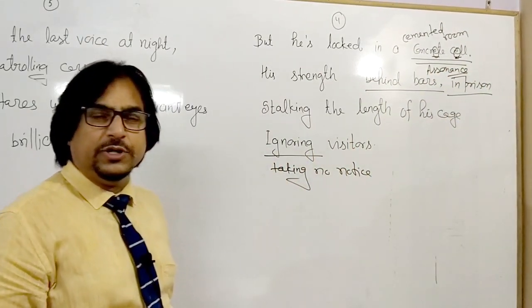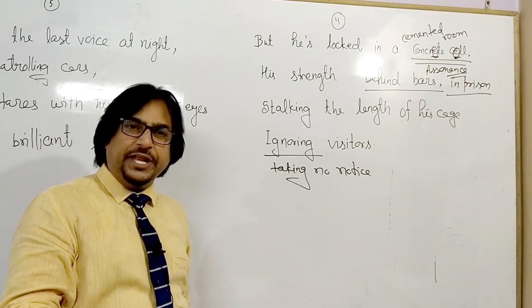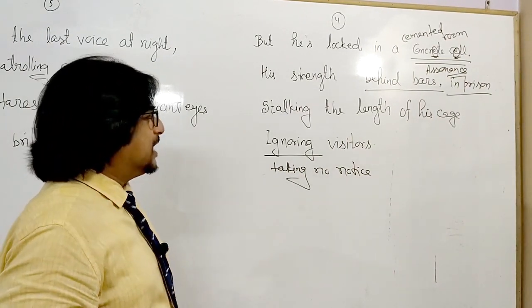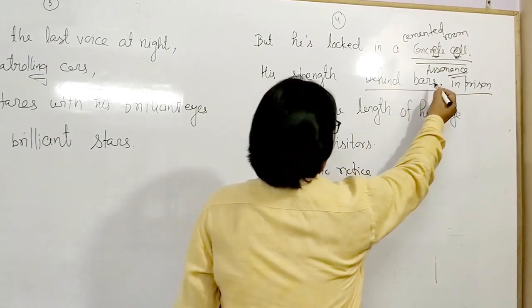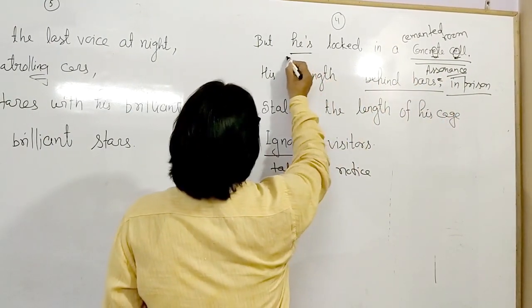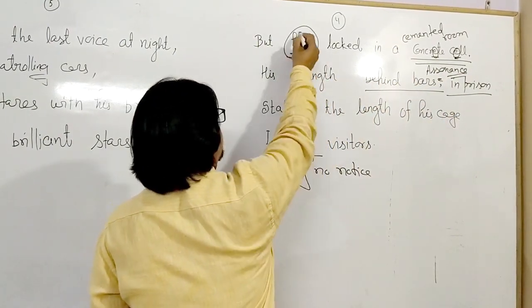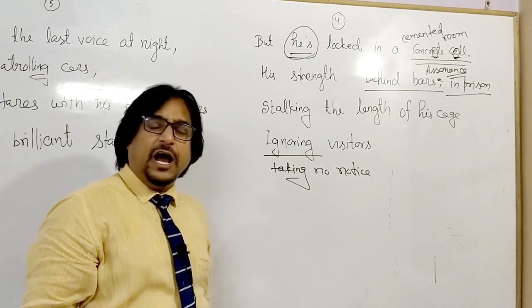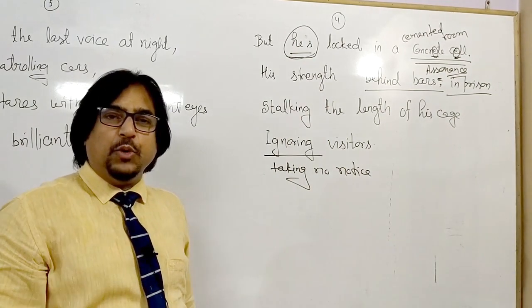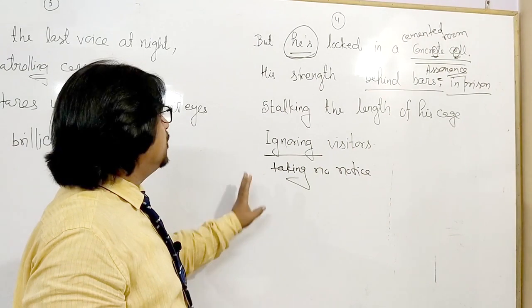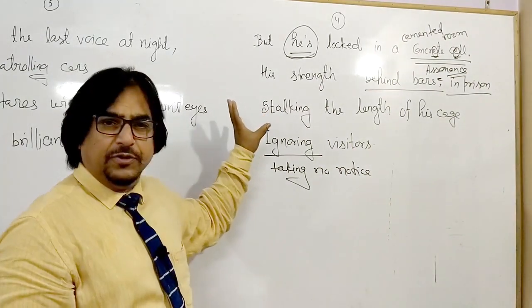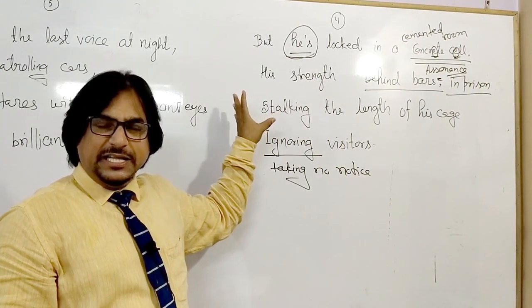Earlier I told you, when the vowel sound is prominent, assonance is here. It is already clear that personification is here. Again, the imagery poetic device has been used because it is the scene of the cage in the zoo.